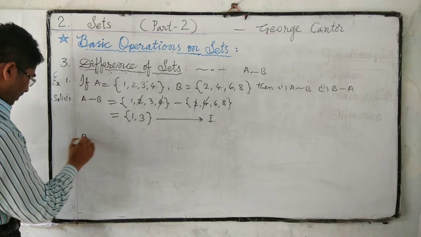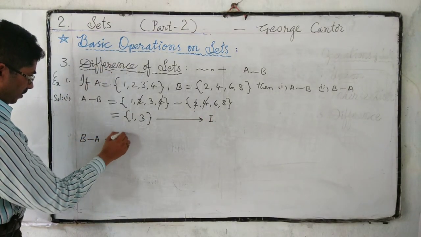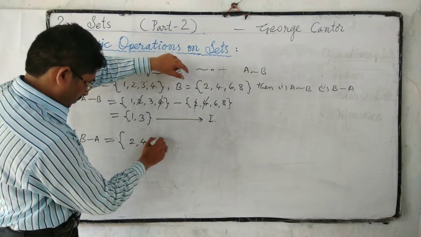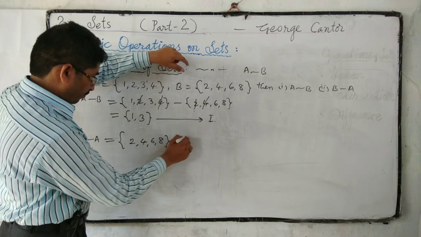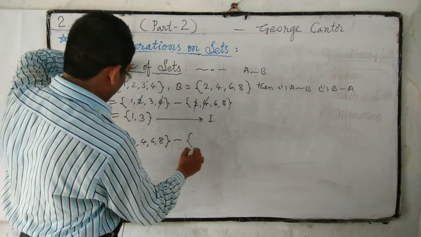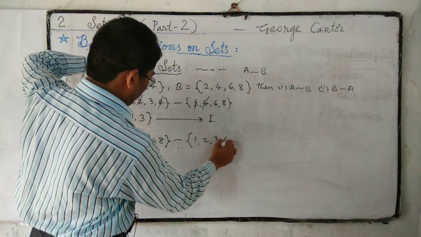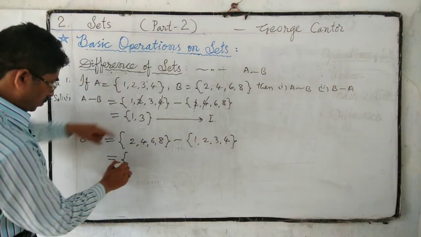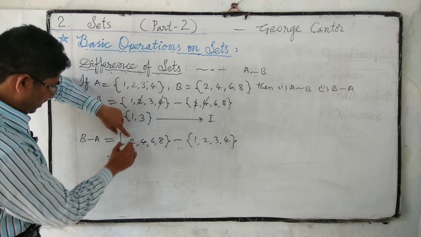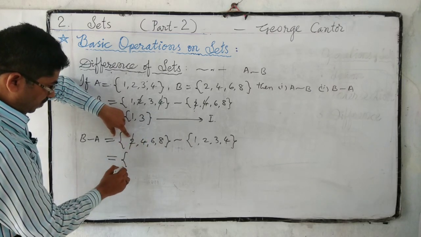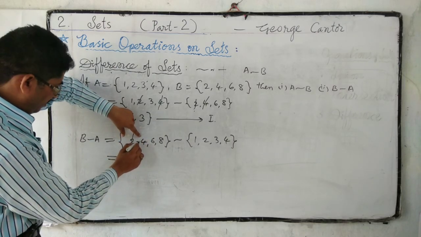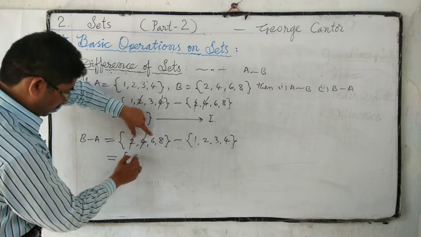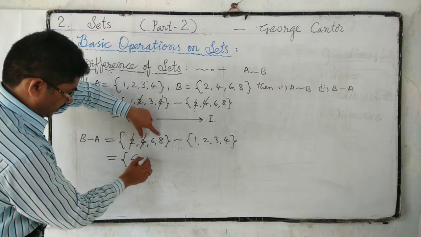Next B minus A. B is 2 4 6 8, A is 1 2 3 4. 2 is in B and also in A, so we don't write this. 4 is in B and also in A, that's why we don't write this. 6, 8.